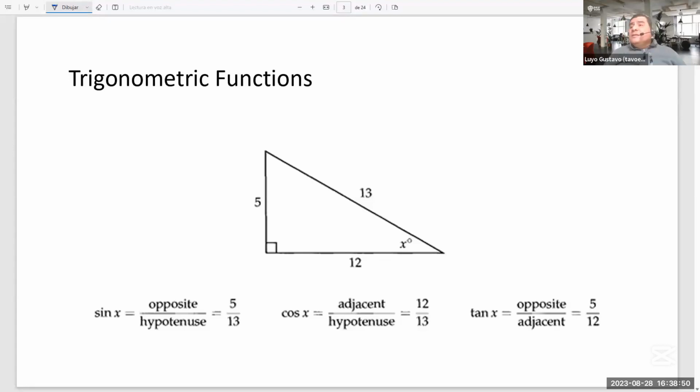using this triangle. Constructing a triangle, any triangle, based on which one of the angles that is not the right angle is the angle whose trigonometric functions we want to determine.